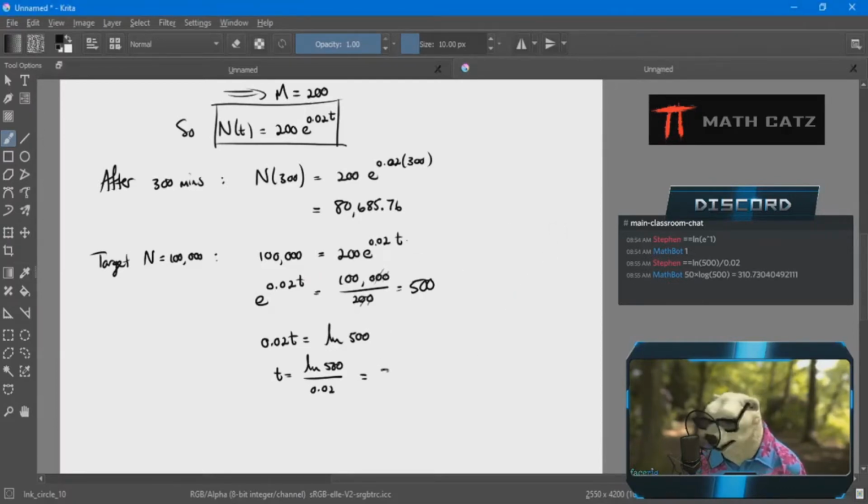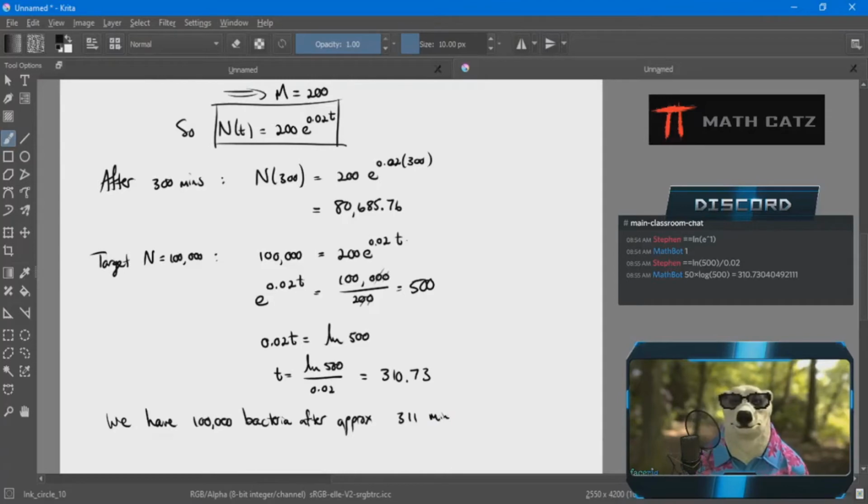And we get 310.73. So we have 100,000 bacteria after approximately 311 minutes, or we can keep it decimal.